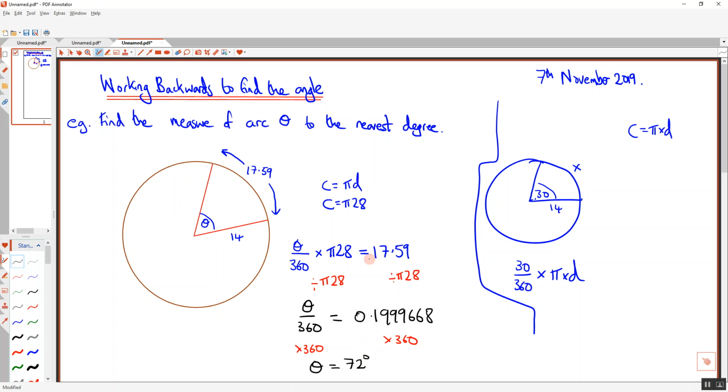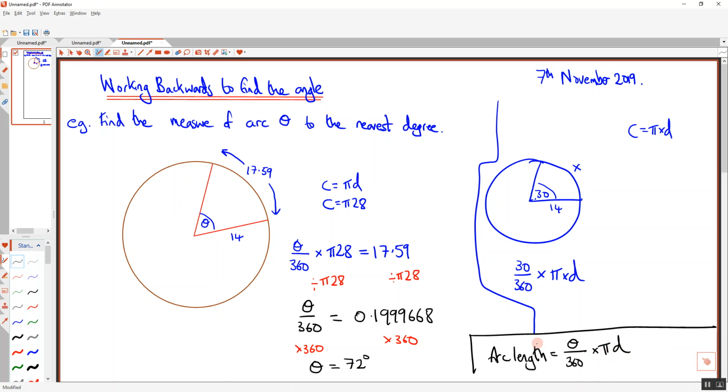So we are working backwards, okay? We're using our formula. The formula that we are using essentially is arc length equals angle divided by, what do we always divide? Yep, 360, multiplied by pi d, good, Damon, pi times diameter.